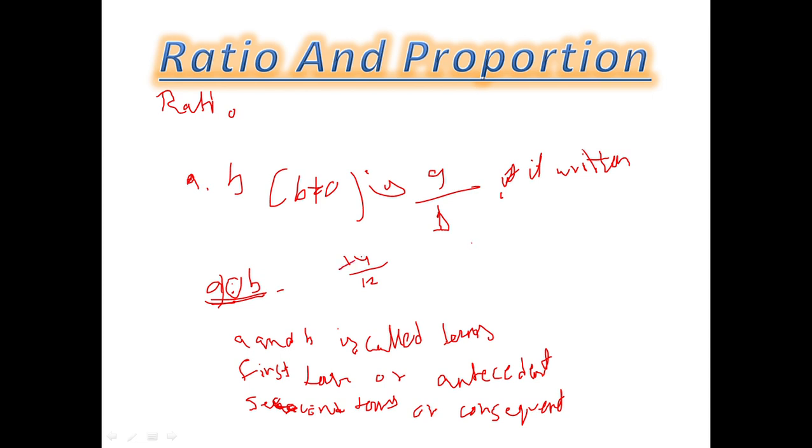Then it will be written in the ratio 6 to 7. The lowest terms will be 6 ratio 7. This is how it is shown. I will do the first and second example of ratio, and then I will do the exercise.